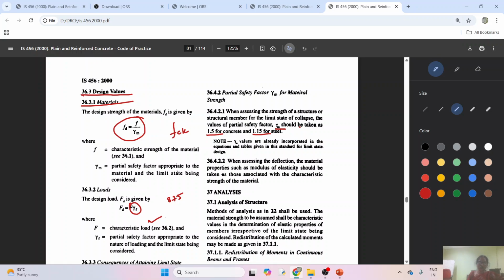But in case of steel, partial safety factor is 1.15 because the chances of variation in the properties of steel are very small, because it is fabricated in the industry, and good workmanship and better quality control can be achieved. So that is the main reason partial safety factor for steel is small, 1.15.